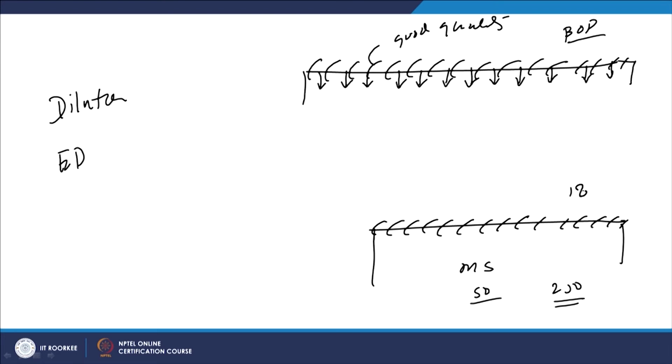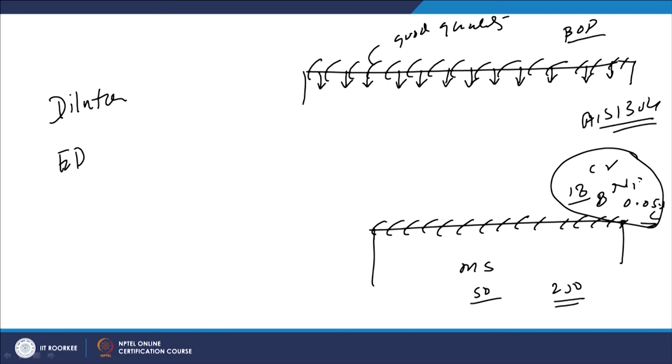having like 18% chromium, 8% nickel and very limited carbon content like 0.05%, is expected to be a good quality material, like AISI 304, when it is being applied. But when it mixes with the mild steel after the melting, there may be a reduction in the chromium content as per the extent of substrate melting.